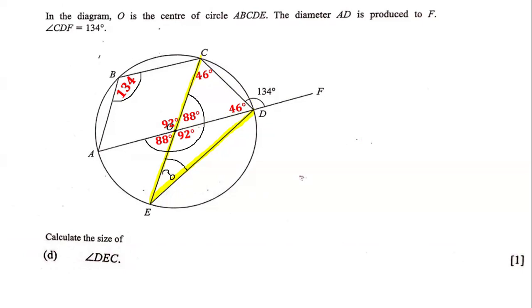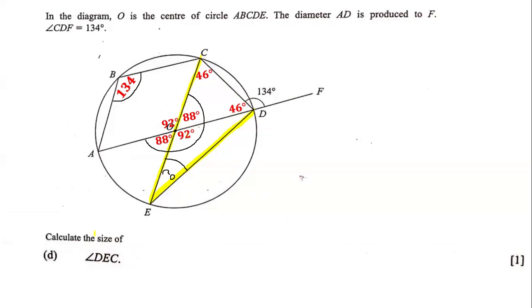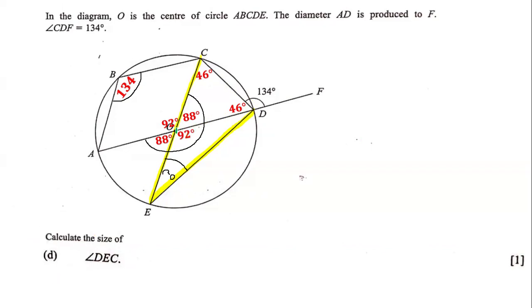Now, if we notice carefully, angle E is actually part of this triangle right here. That's important because angle E is part of this triangle. What do we know about this triangle?